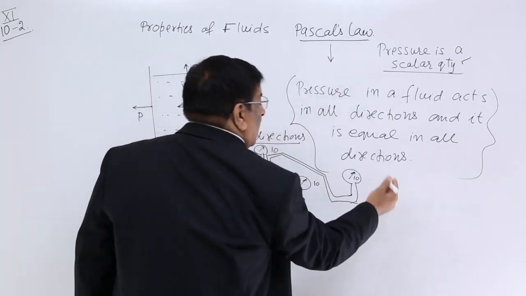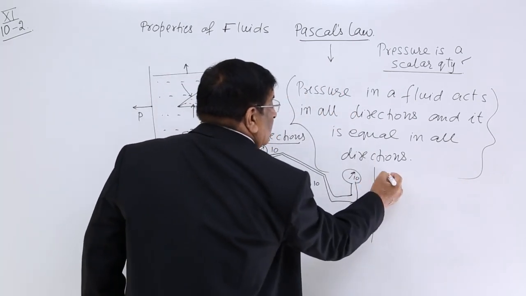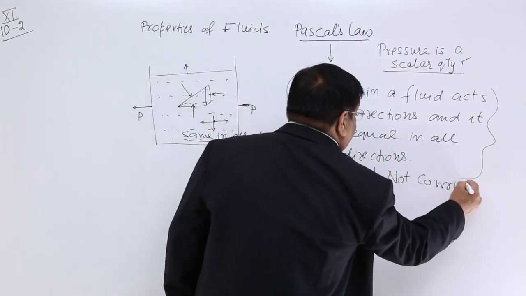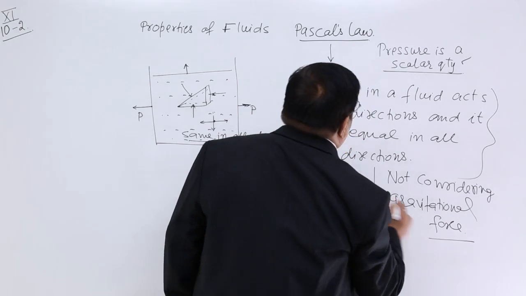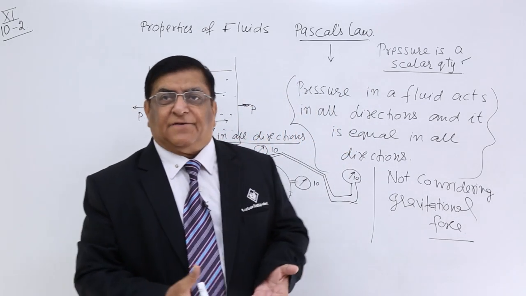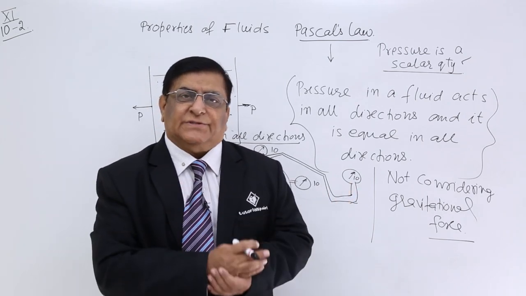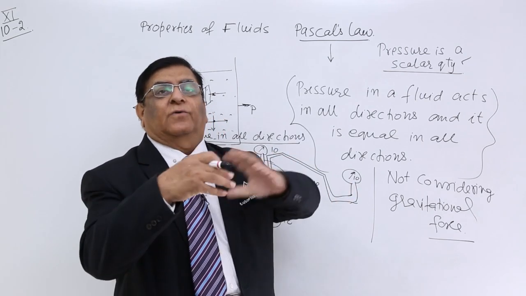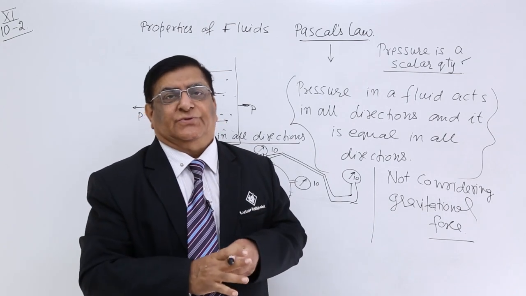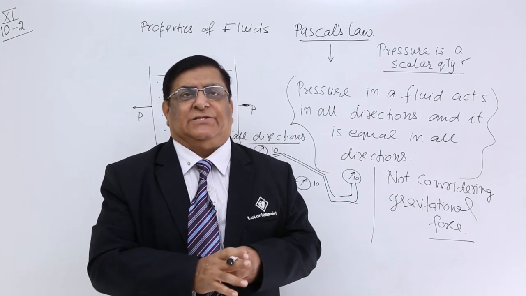So Pascal's law, as we are learning it, does not consider gravitational force. But practically on the surface of Earth, the gravitational force is everywhere. Then how will this law change when it is in the gravitational force? That we will see in the next lecture. Thank you.